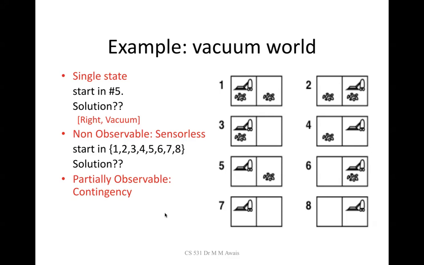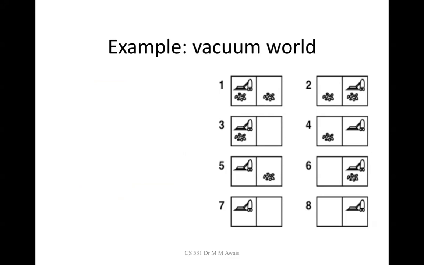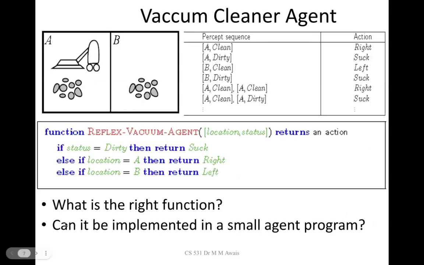Okay, let's say I've shown you this particular function here. This is just showing you one rule, right? So here you can write down multiple rules. This is for the best case where you are able to perceive everything.